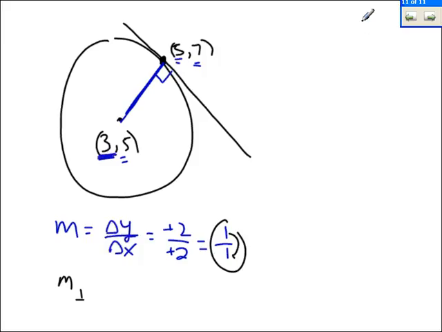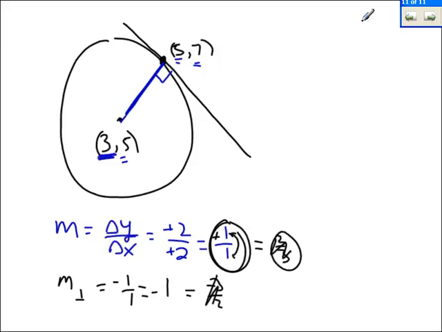The top goes to the bottom, the bottom goes to the top, and you change the sign. If this slope would have been 2/3, the slope of the perpendicular, you flip it over and you change the sign. But it wasn't that. You flip this over, you get 1 over 1, and since this number is positive, you say negative. The slope of this line is -1. It's a negative reciprocal.